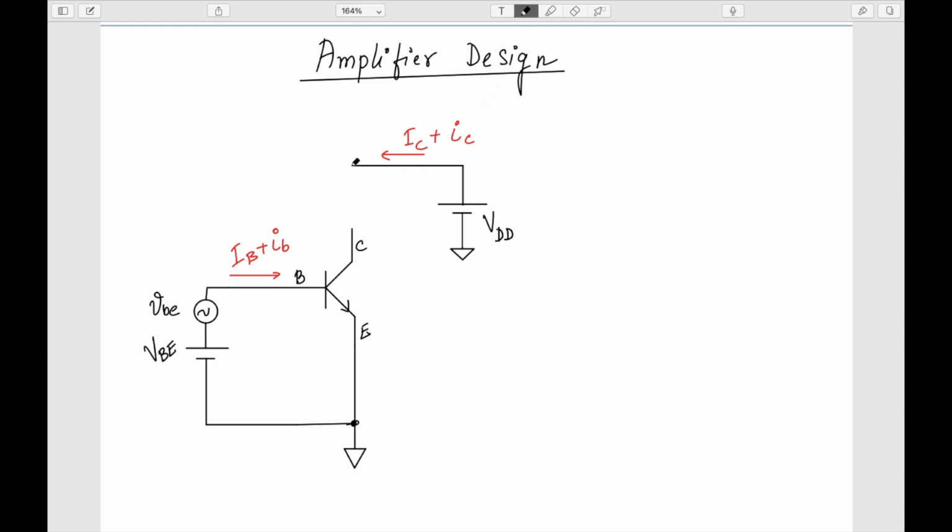And then I will use a resistor to pass this current, so the IC current will be passing through this one. What we will see is that the current will get converted into voltage at this collector.